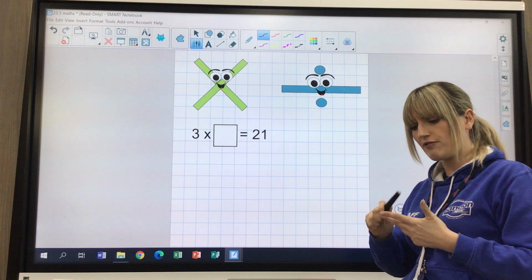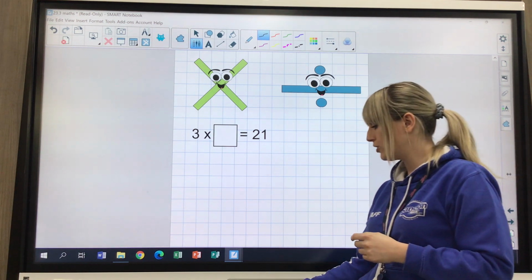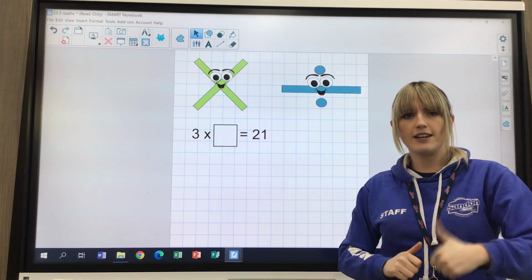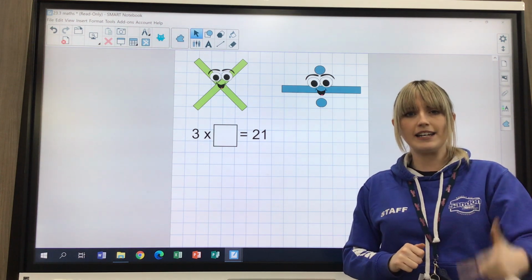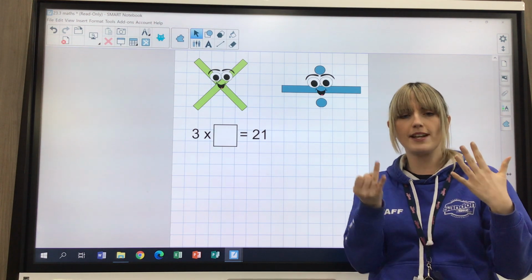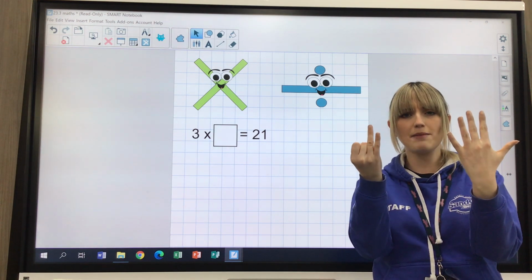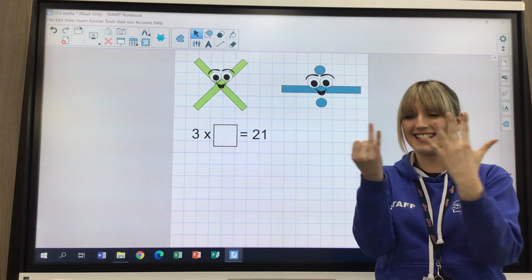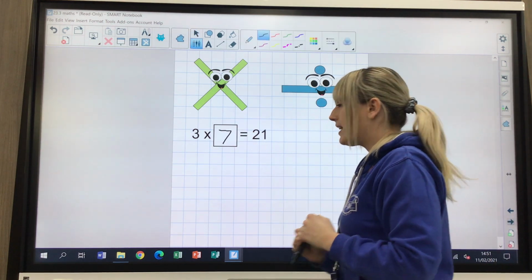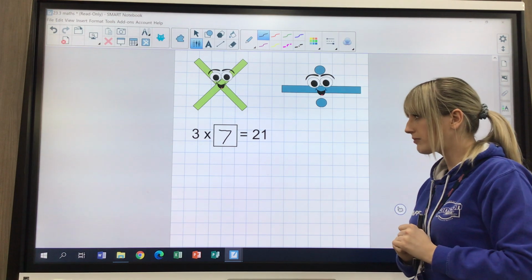So how many 3's make 21? Oh, can you count in your 3's with me? 3, 6, 9, 12, 15, 18, 21. Oh, how many times did we count? It's 7. 7's the missing number. So 3 times 7 is 21.